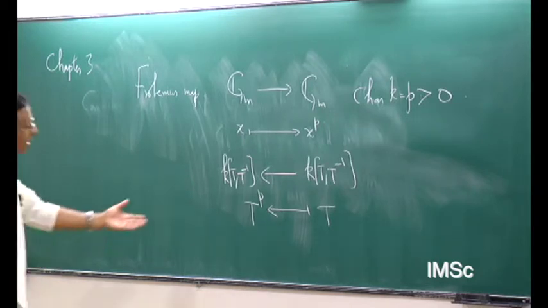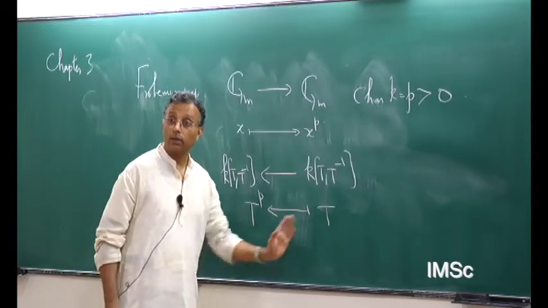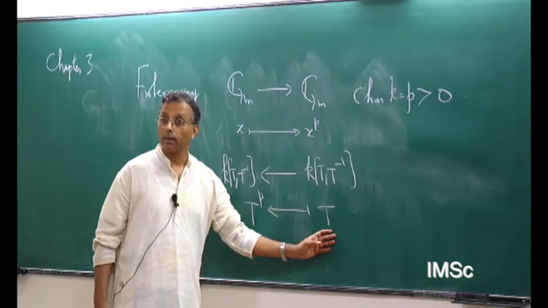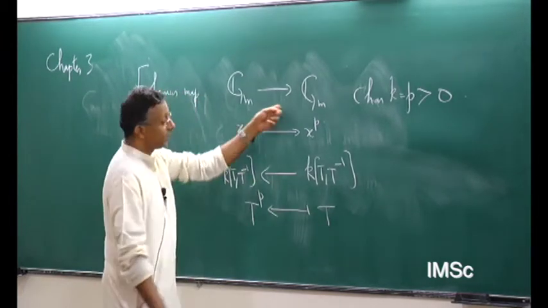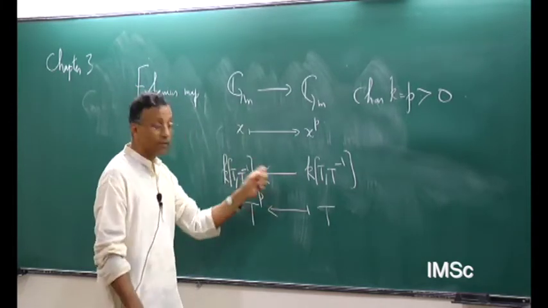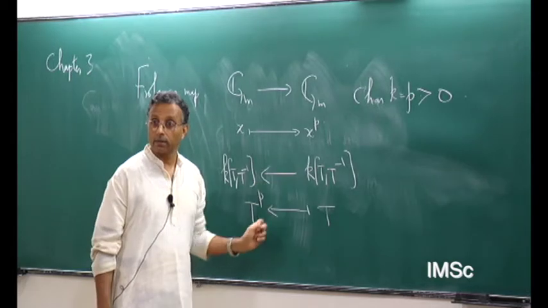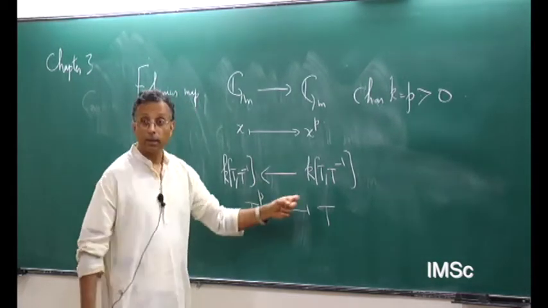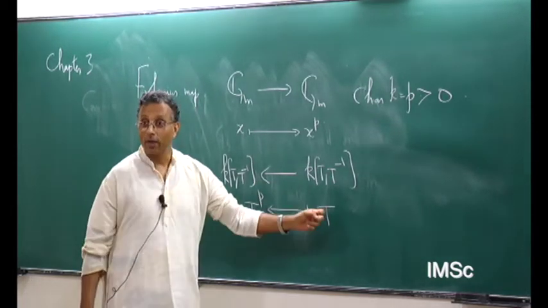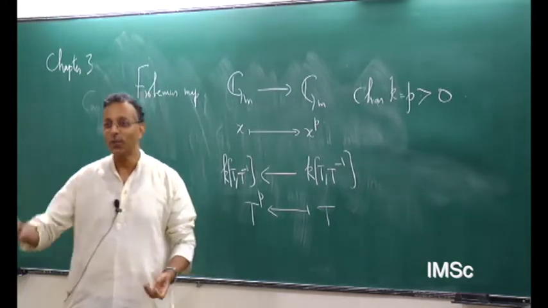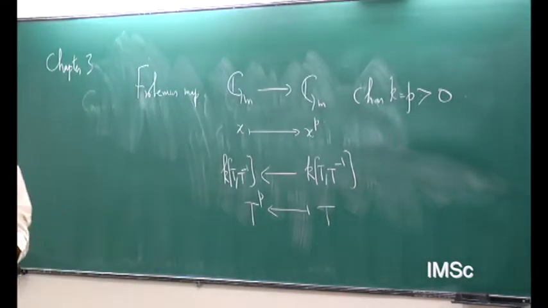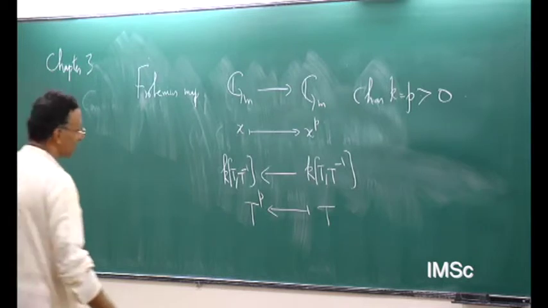So, but this does not have a... If this map had an inverse, there would be an inverse in this direction. But you can't have T to the p going to T to the 1 over p. It's not possible.